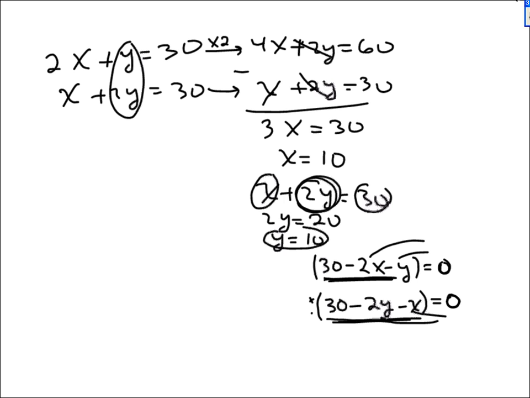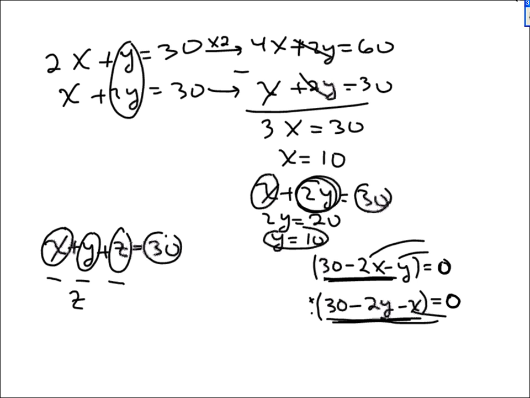But we also knew that the sum of these three numbers was 30. If this is 10, and this is 10, and the sum is 30, z must also be 10. So the final answer is x is 10, y is 10, and z is 10.